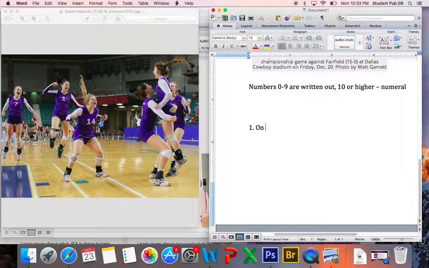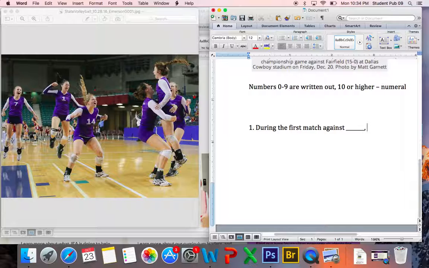So maybe we do "during." So during the first match against whatever the team was, we don't want to say varsity girls volleyball, because if it's state, it's obviously varsity. If it's volleyball, it's obviously girls.